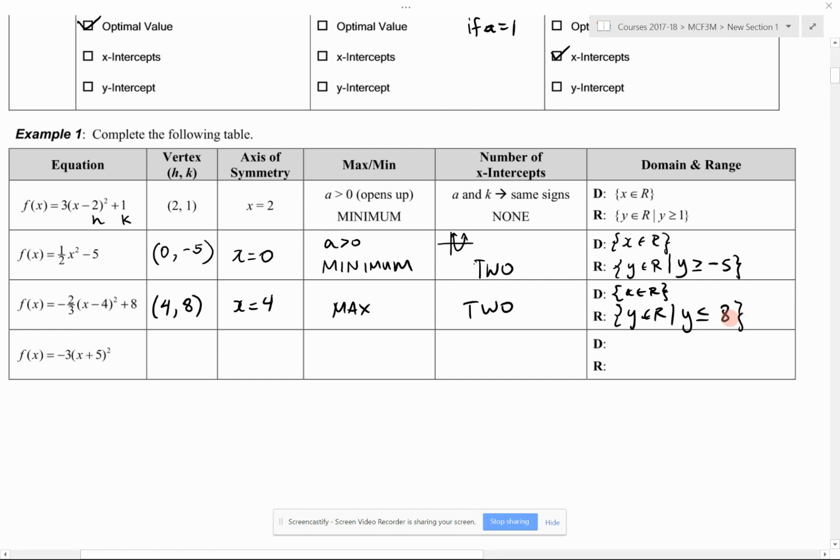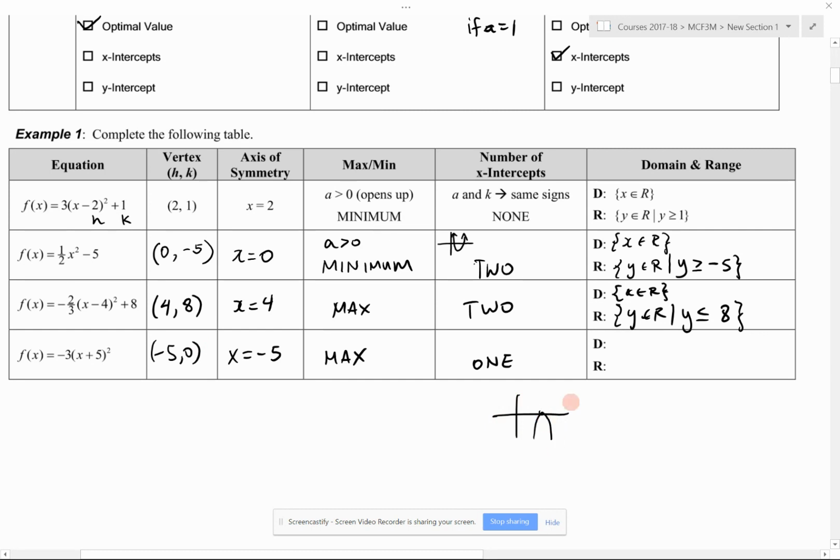For the last one, we have a vertex of -5 and 0, axis of symmetry of -5. We have a maximum value as our graph opens down, and we have one x-intercept because the y value of the vertex is 0, so we are going to be on the x-axis there.